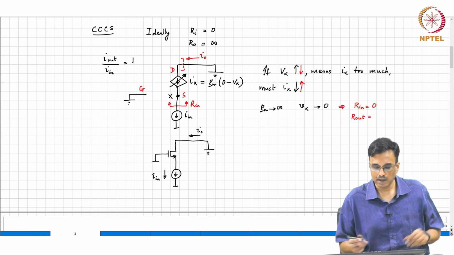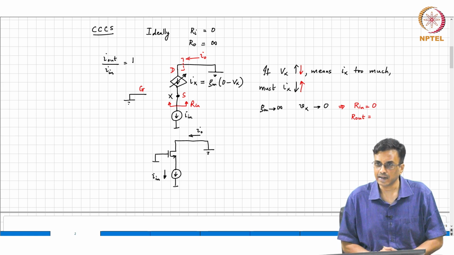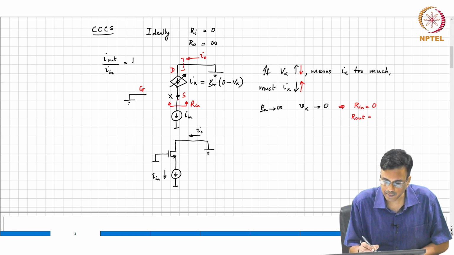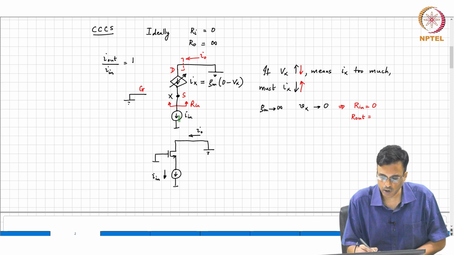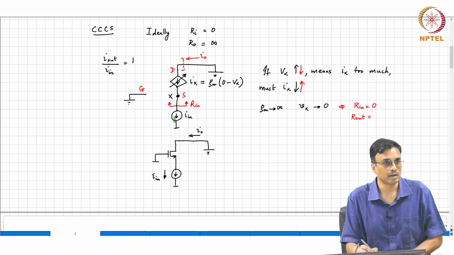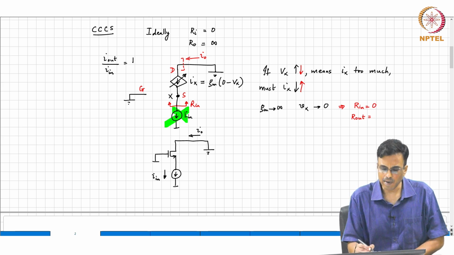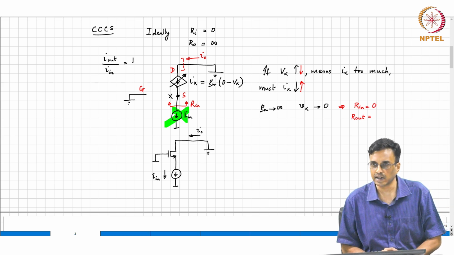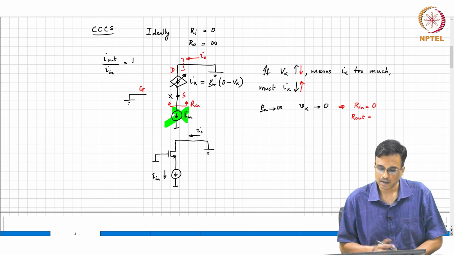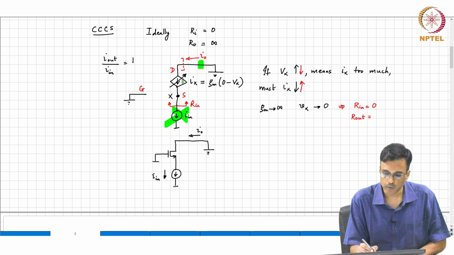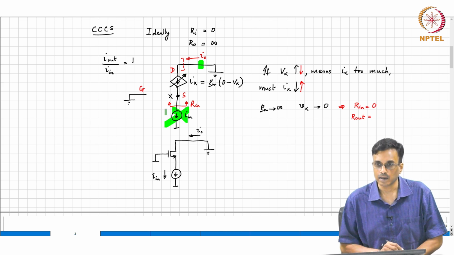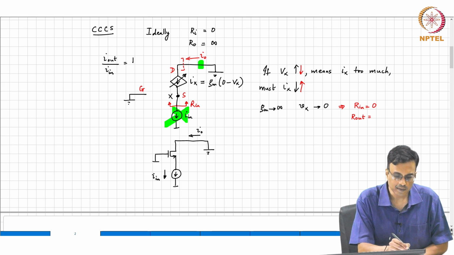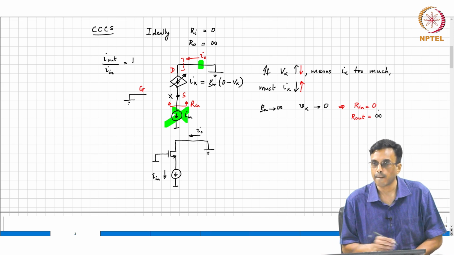So, basically I hope you are all able to see this. It is apparent that if you form the incremental circuit here, what happens to I in? Open circuit. Remember, if you are confused, the easiest thing is to put a V test and then measure the I test. So, obviously, if I in is an open circuit, then whatever V test you put here, there is no current flowing, correct, and therefore, I test is 0. So, therefore, output resistance is infinite.